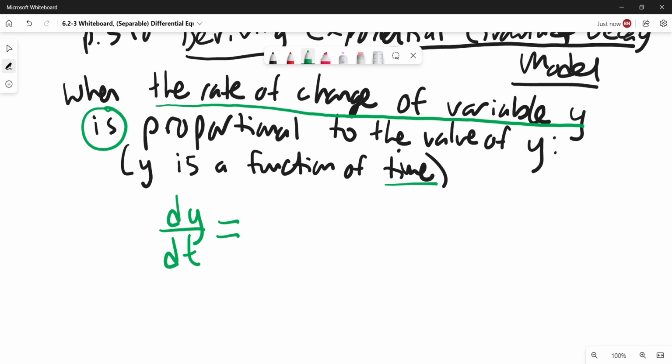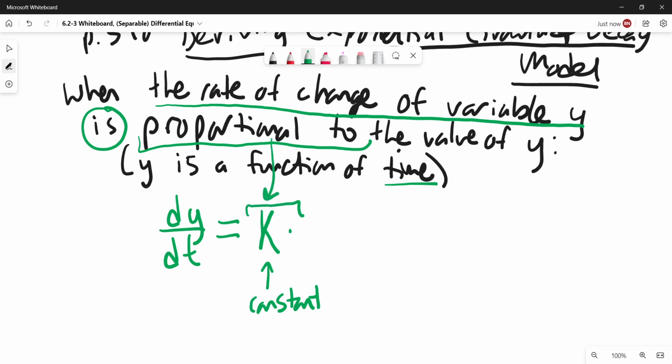So is proportional to is going to be a constant multiplier here. Proportional to is like k times, a constant times the value of y, and the value of y is just y.